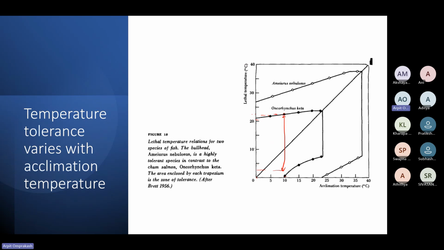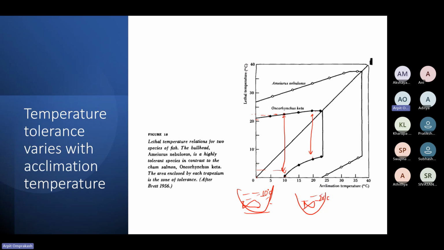But let's say the fish was acclimatized at a higher temperature, around 20 degrees Celsius. Initially the fish was in a pond, or an aquarium, which was at 10 degrees Celsius. Now let's say we put the fish in another tank which is at 20 degrees Celsius.